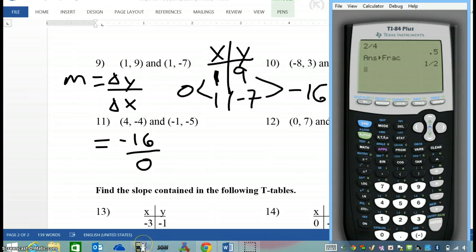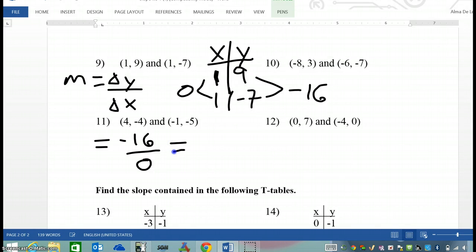And just to make this point very clear, anytime I'm dividing a number by 0, even if you put it in a calculator, you're always going to get an error. You cannot divide by 0. So this is not 0. This is the curse word in math, which is undefined.